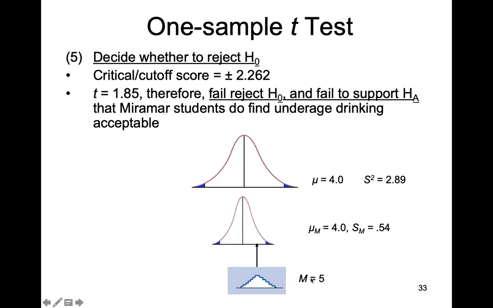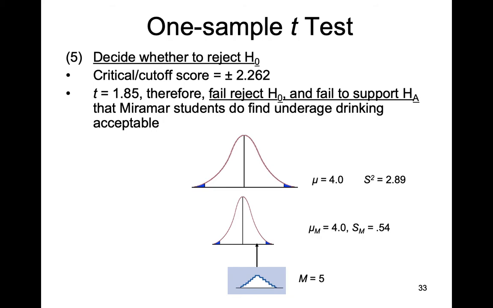Okay. So what did we determine? Our mean of 5 would fall about there in the distribution of means. It would fall 1.85 standard errors away from the mean. And that is not far away enough for us to conclude that at a population level, Miramar students have an attitude that is on average different than 4.